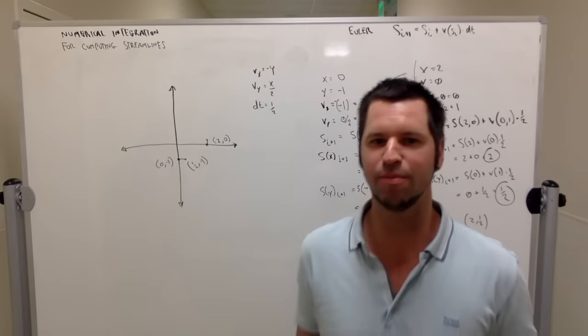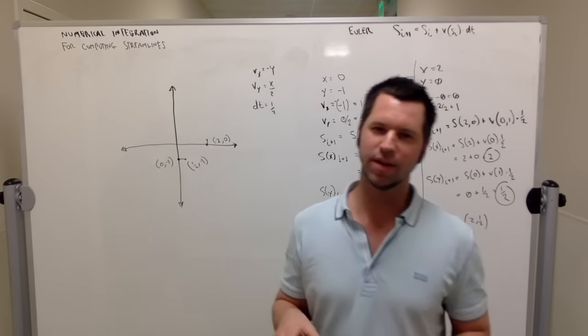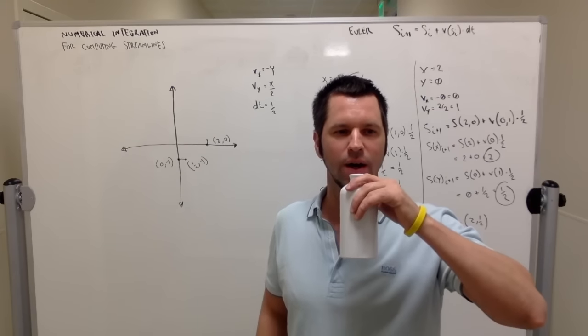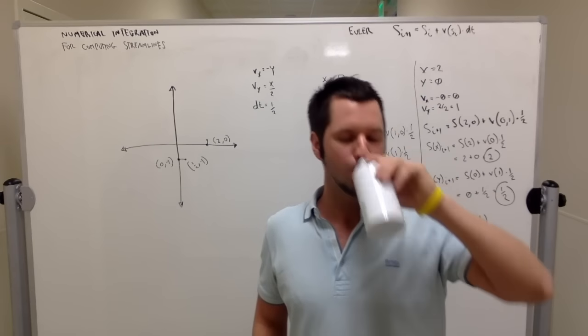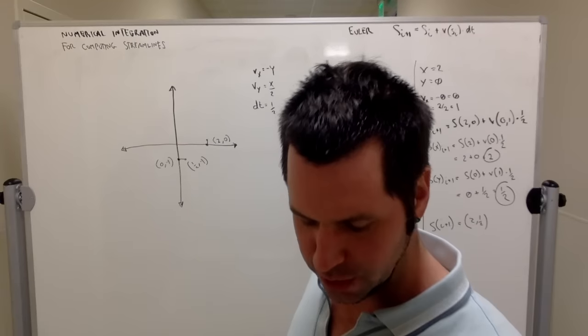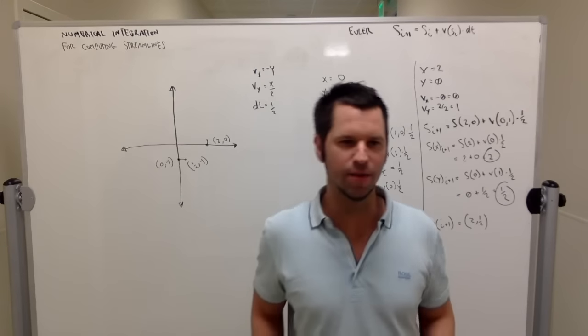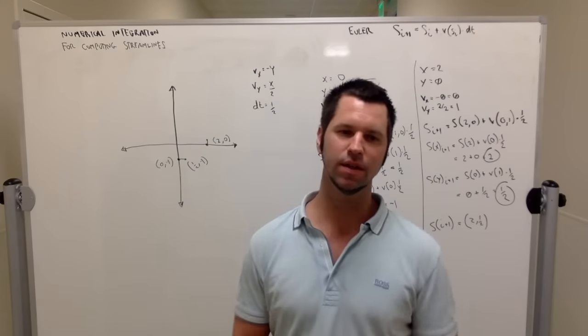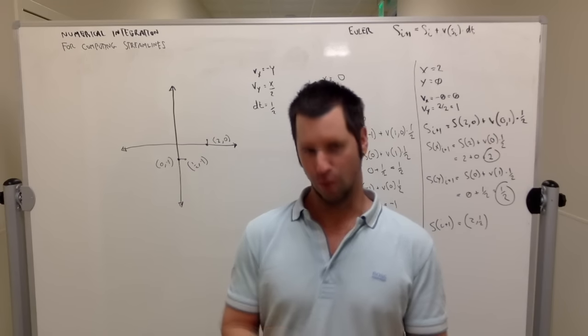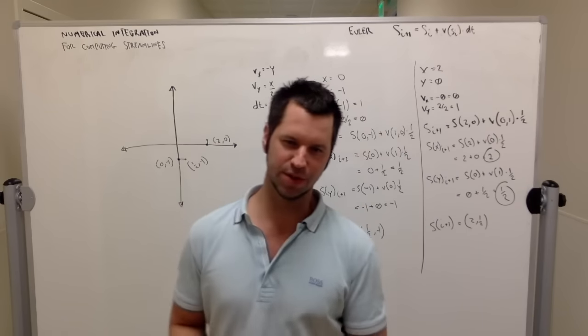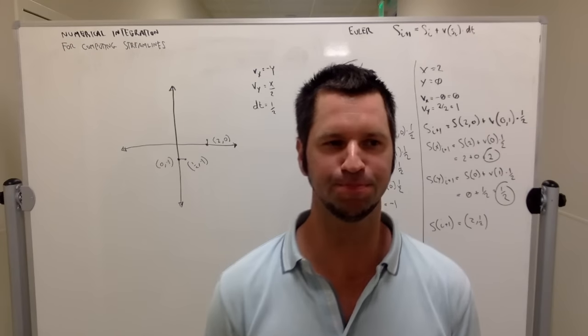Very exciting examples, but hopefully now it makes sense how to compute the points along a streamline. So that is a very quick and convenient introduction to numerical integration with an Euler integrator for the purposes of computing streamlines.